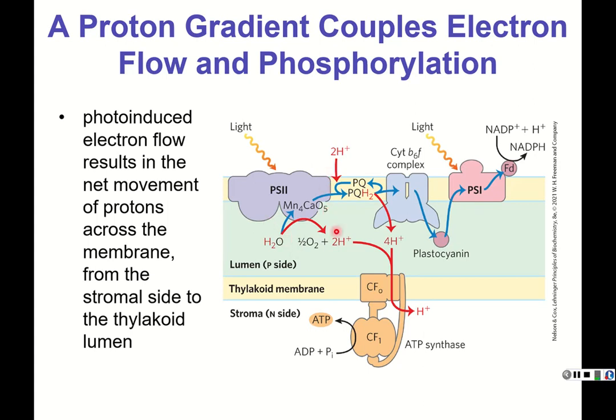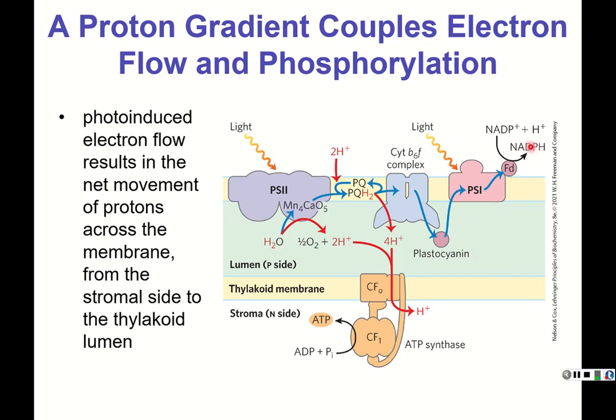By doing so, they're creating a proton gradient here on the inside, the lumen side of the thylakoid. Those electrons that are generated from water, water gives up electrons to make oxygen, flow through the cytochrome b6f complex. That also creates a proton gradient.